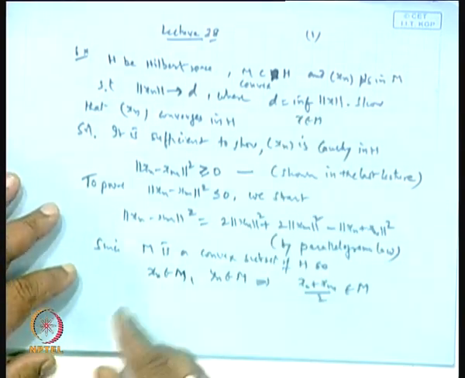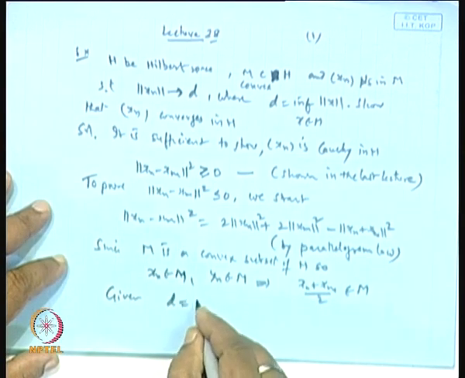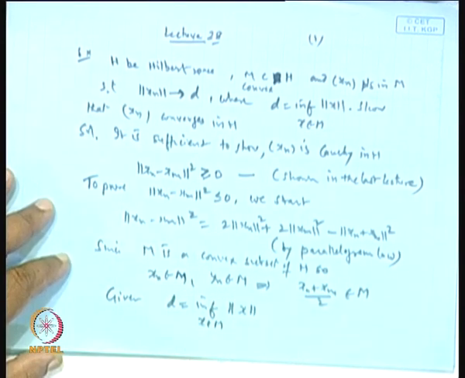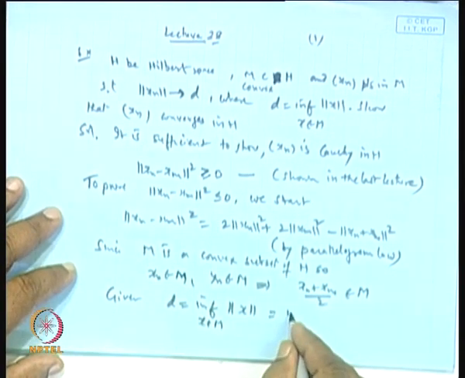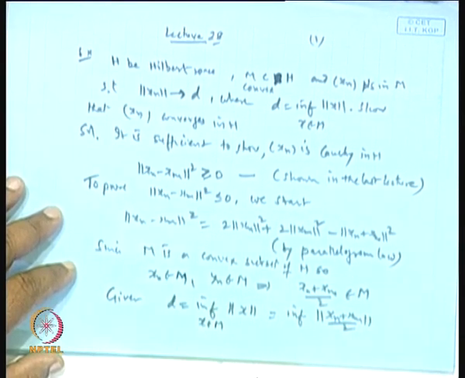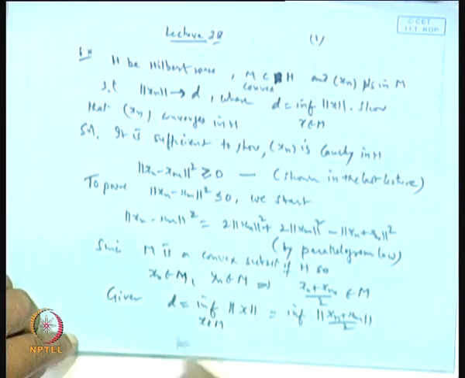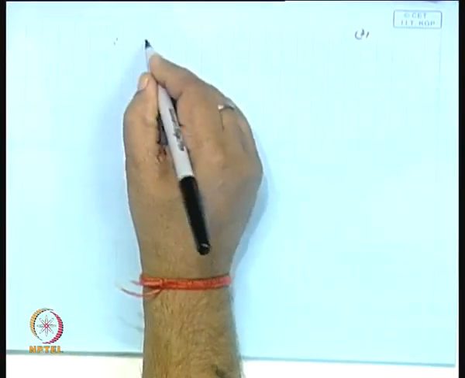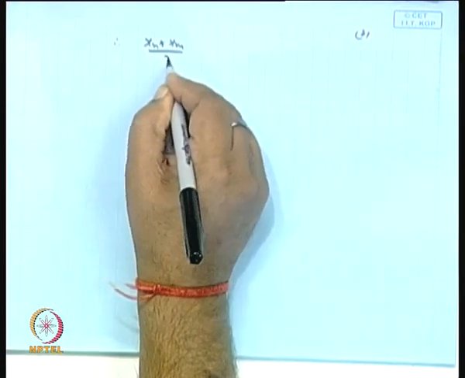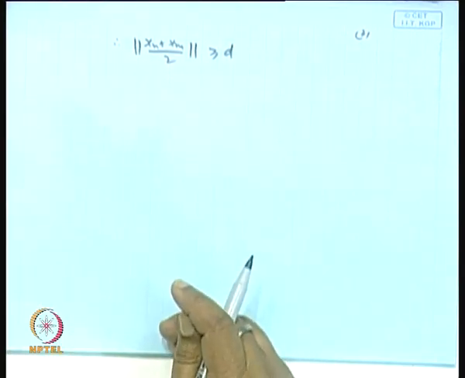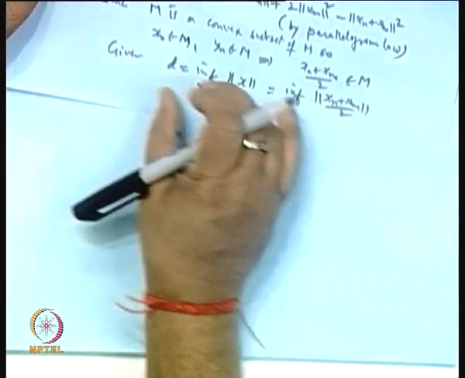Now, D is given as the infimum of norm of x when x belongs to M. This midpoint is also a point of M. So, D is the infimum of norm of (x_n plus x_m)/2 over points of M. If I remove the infimum sign, we get that norm of (x_n plus x_m)/2 is greater than or equal to D, because D is the smallest number.